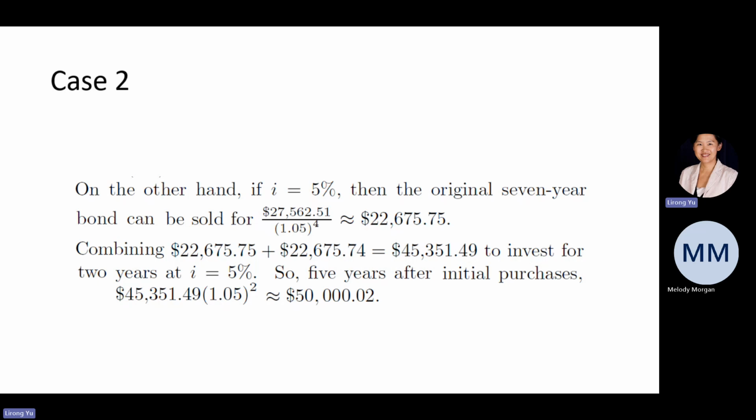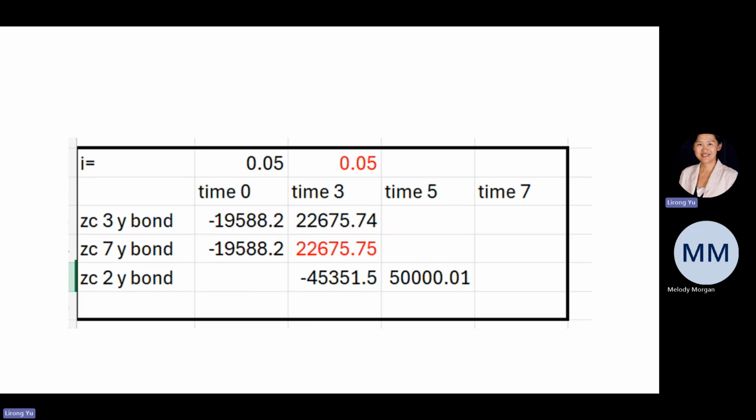And now you buy the 2-year zero coupon bond, so that you can have enough cash flow at time 5. So in this case, with a 5% interest rate, they end up having the same cash flow because we're really following the same timeline with the same interest rate. Combine them and then let the value grow with a 5% increase. At time 5, you have exactly 50,000.